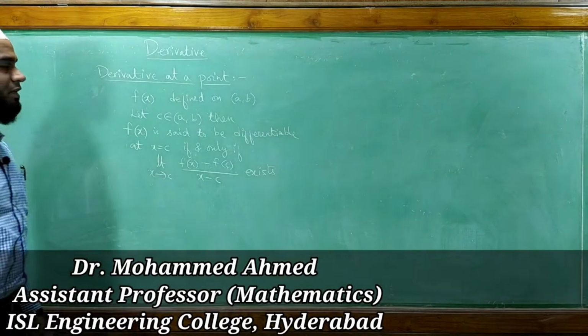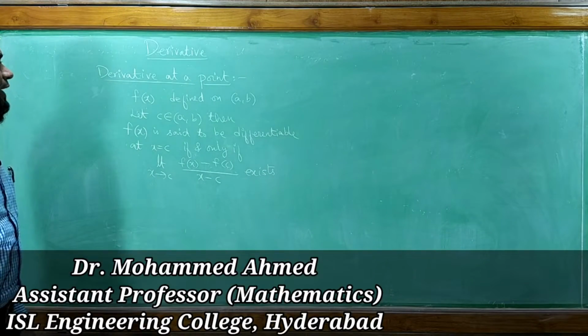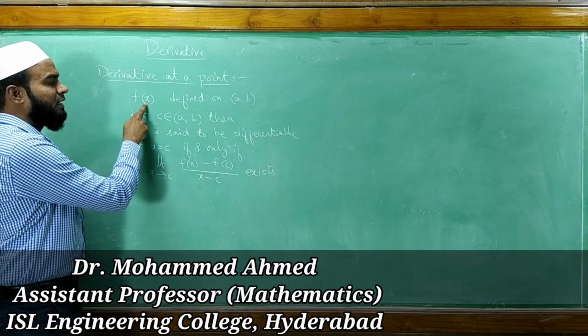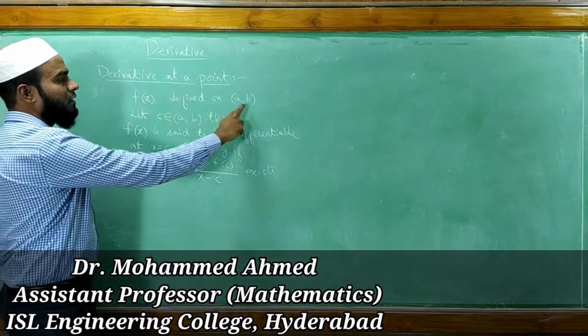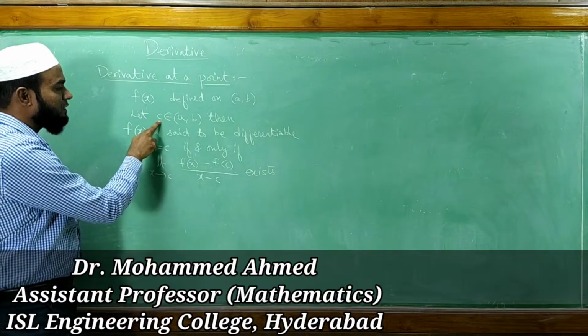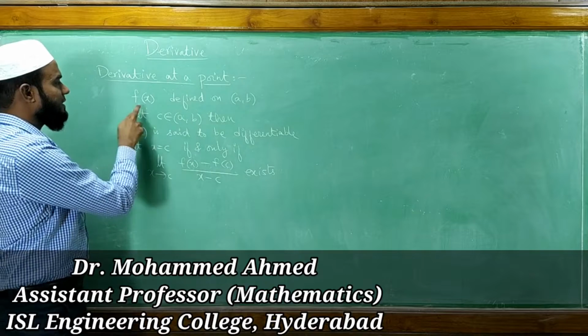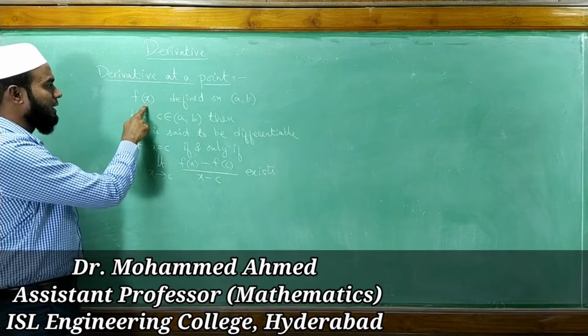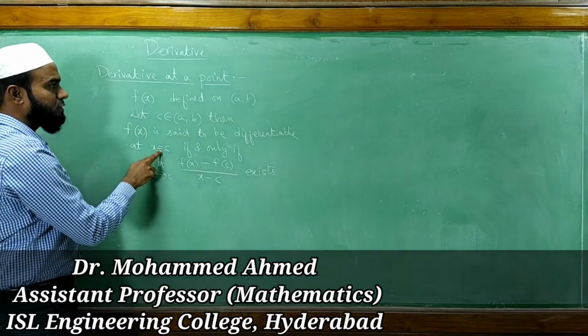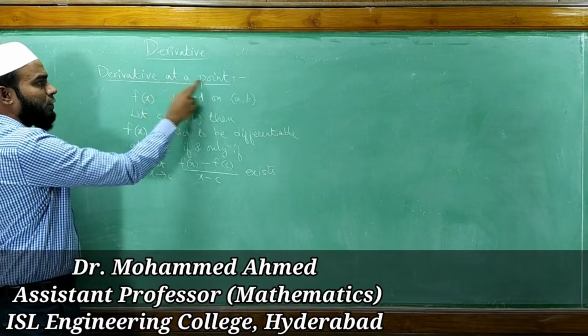So what is the definition of derivative at a point? Suppose I am having a function f of x defined on the open interval (a, b), and I am considering a point c which is in between a and b. Then the function f of x is said to be differentiable at the point x equals c. Here I am considering the derivative at a point.